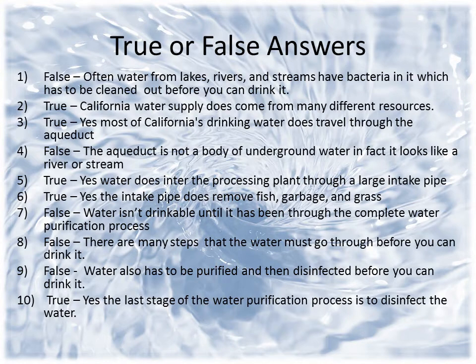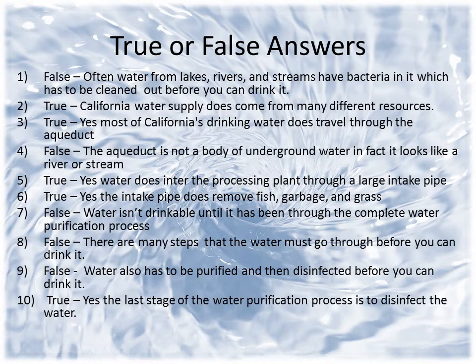Number 5, true. Yes, water does enter the processing plant through a large intake pipe. Number 6 is true again. Yes, the intake pipe does remove fish, garbage, and grass. Number 7 is false. Water isn't drinkable until it has gone through the complete water purification process.